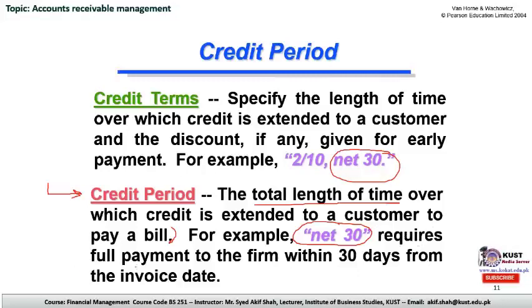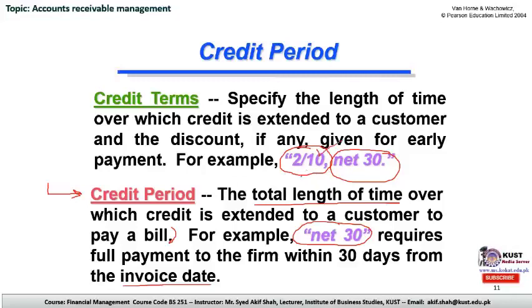So it requires full payment to the firm within 30 days from the invoice date. The credit period is actually the total length of time, and this 2/10 net 30 means that the customers are provided with 2% discount for early payments.